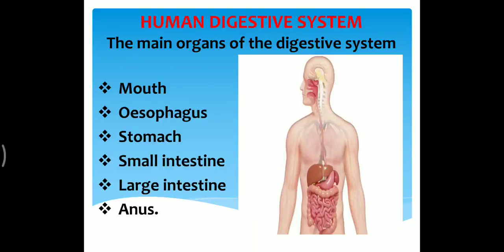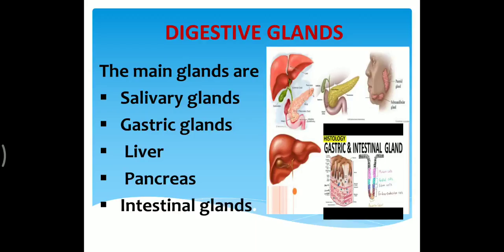The main organs of the human digestive system are the mouth, esophagus, stomach, small intestine, large intestine, and anus, and along with them two other organs. They are not directly in the alimentary canal, but they are part of this system: one is the liver, the other is the pancreas. There are digestive glands.